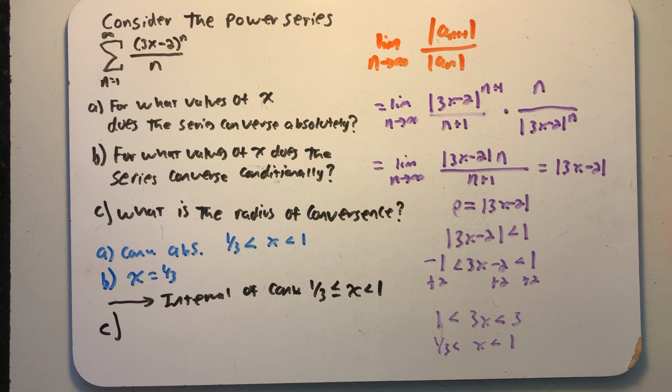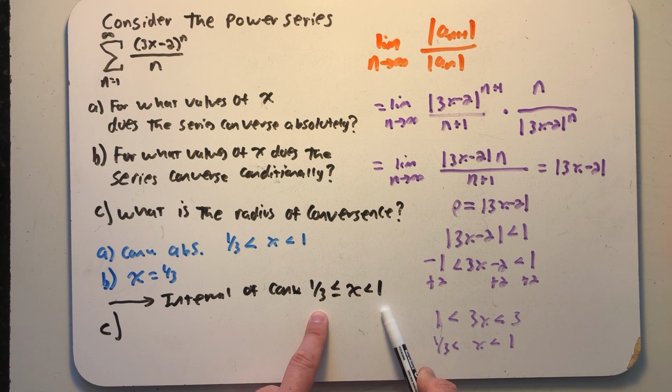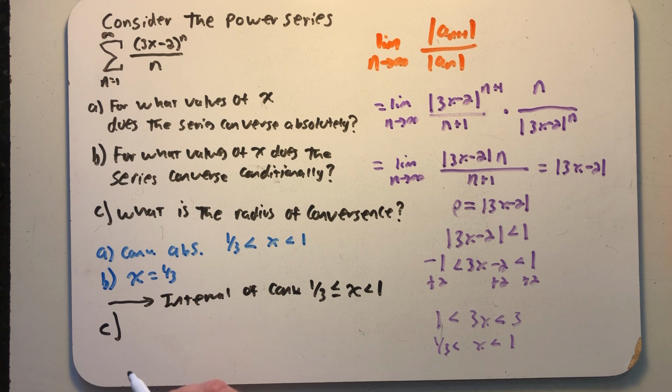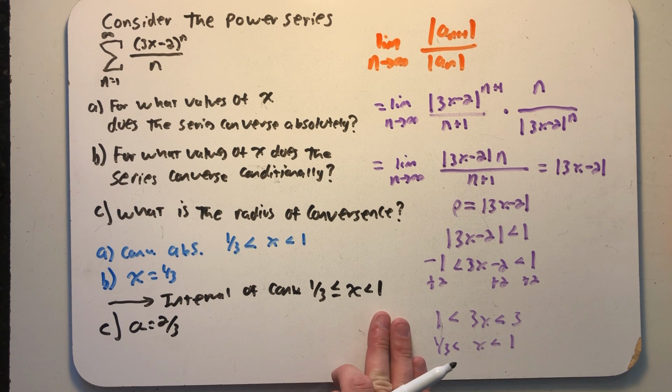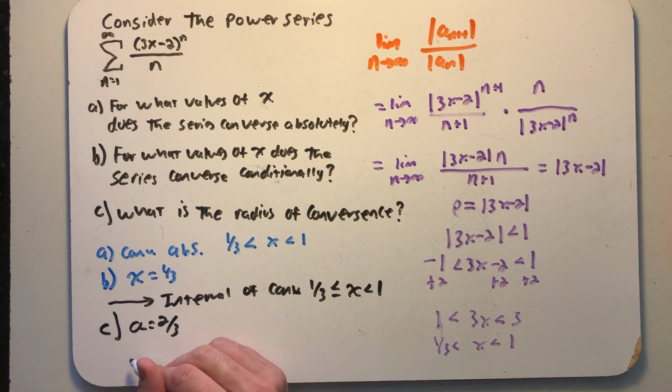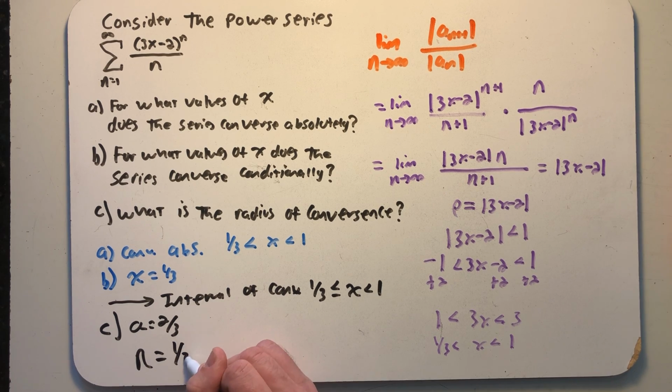And then that last part, we're asked for a radius of convergence. Well, I know my power series is supposed to have a center, and if I think about what's between 1/3 and 1, this power series is centered at 2/3. The distance between 2/3 and 1/3 or 2/3 and 1 tells me the radius of convergence, which we typically represent with big R, must be 1/3.